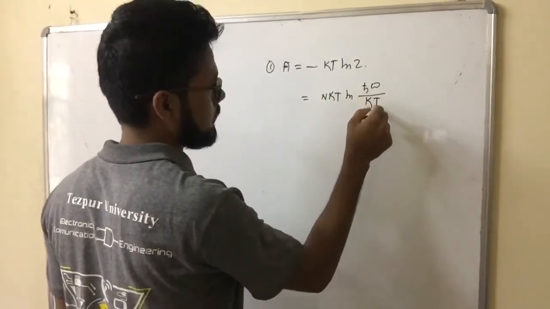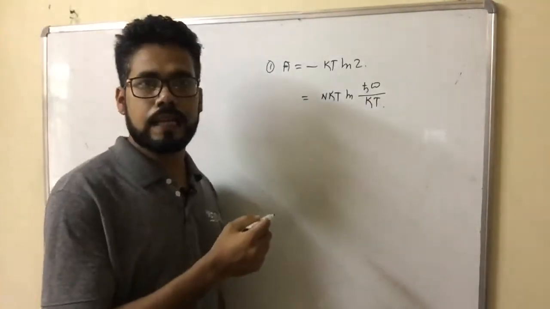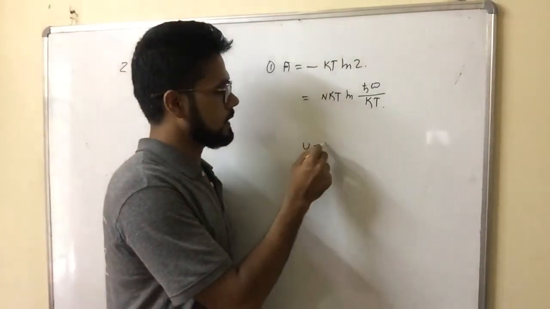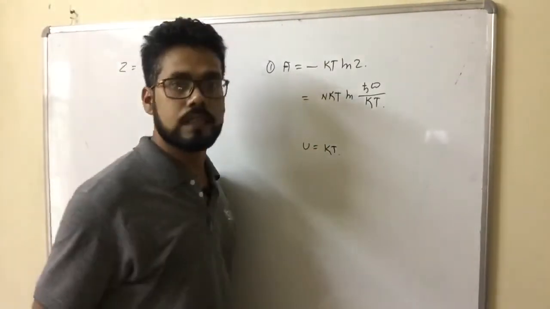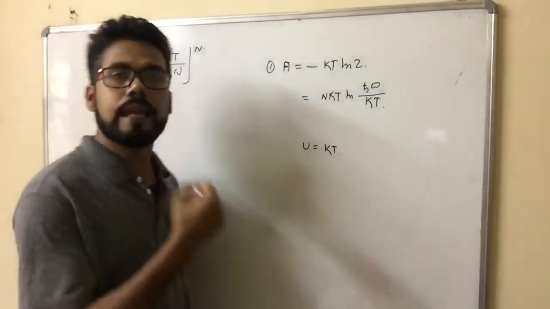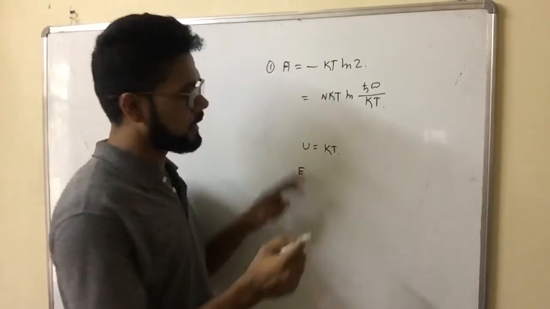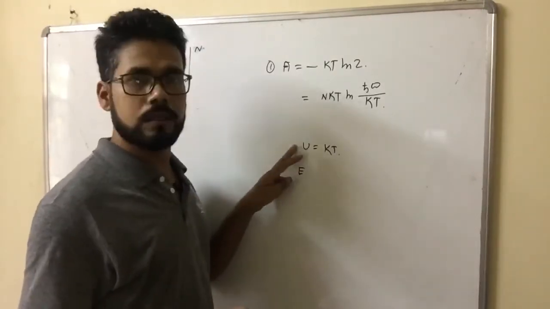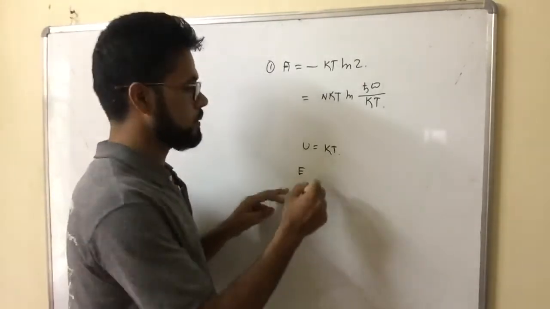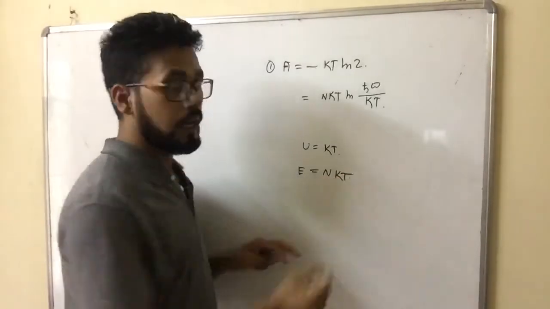Now one thing to always remember: the mean energy of a classical oscillator is kT. For N one-dimensional harmonic oscillators, the mean energy, which we often write as E or U, is NkT.